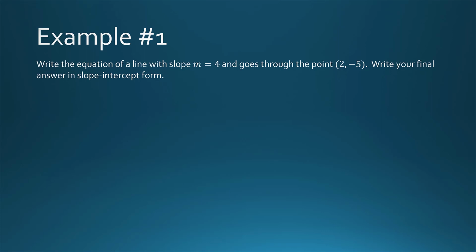So to start, we want to use point-slope form: y minus y1 equals m times x minus x1. We have our m, or our slope, right here, and then the coordinate point is our x1, y1 values.